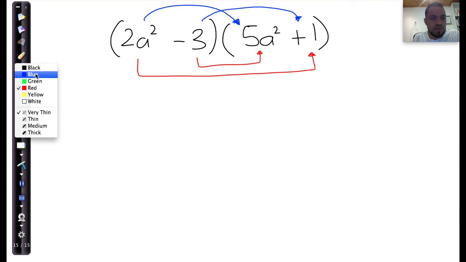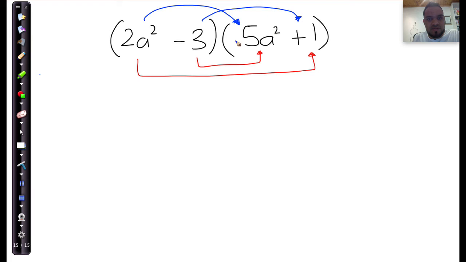Let's start with the blue numbers. 2a squared times 5a squared. 2 times 5 is equal to 10, and a squared times a squared is a to the power of 4. Remember, when the bases are the same, all you need to do is just add the exponents, right? Okay, then the last one over here and the last one over here, that's minus 3 times positive 1, and anything multiplied by 1 is just itself, so that's going to be minus 3.